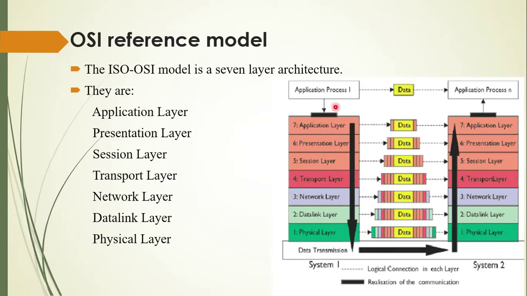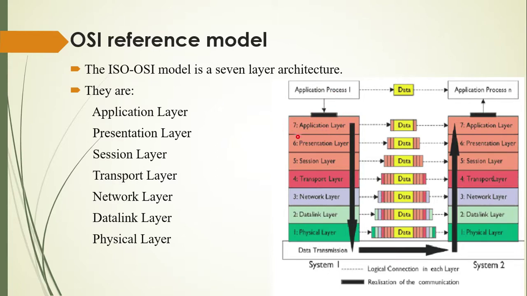Here we have two processes, application process 1 and application process 2. It may be host A and host B, or it may be client and server. Both have 7 layers. The communication starts from here. Application process 1 sends data to the application layer.